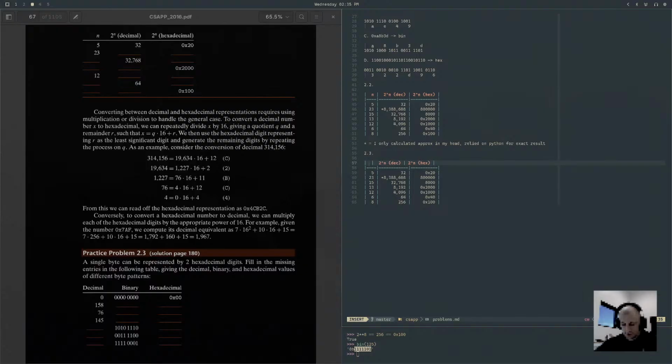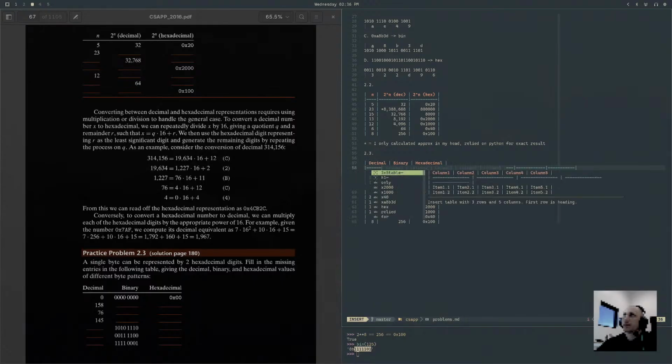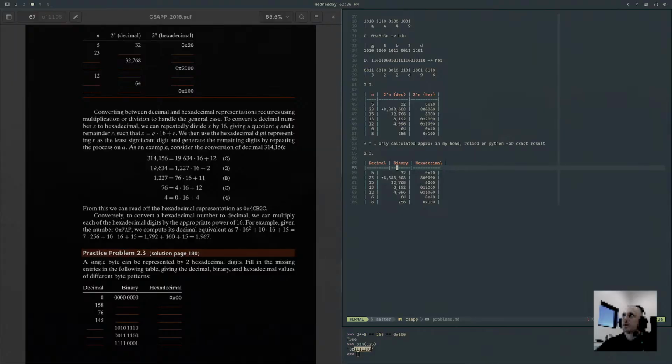this is now gonna be something called decimal. This is gonna be something called binary. This could be something called hexadecimal. And then we need to pad this guy out. Okay. And then we'll just delete all these.